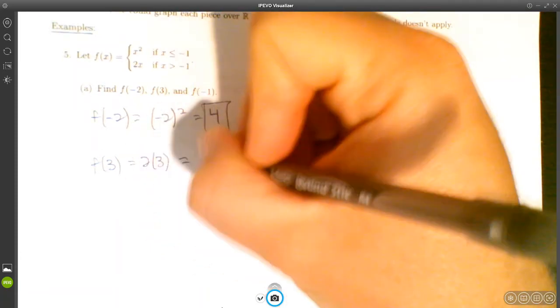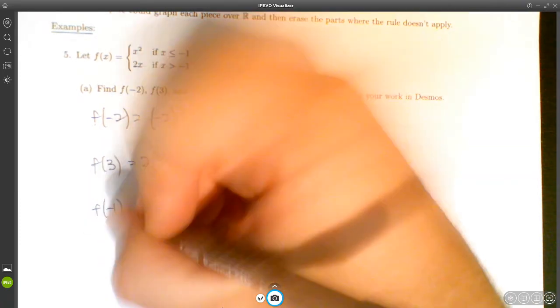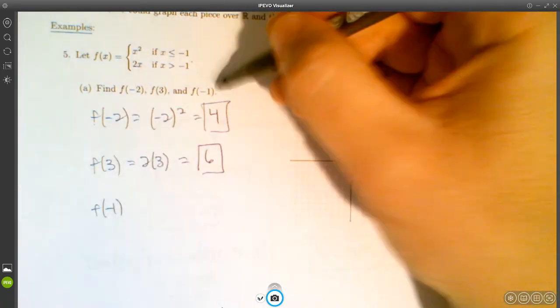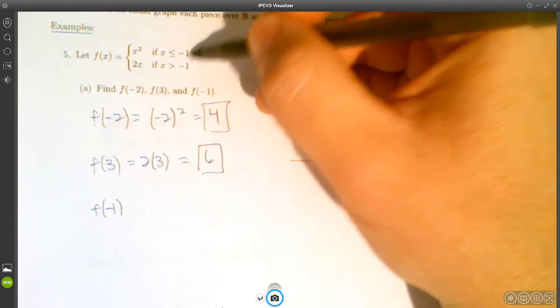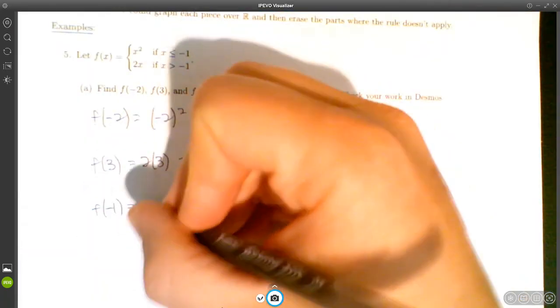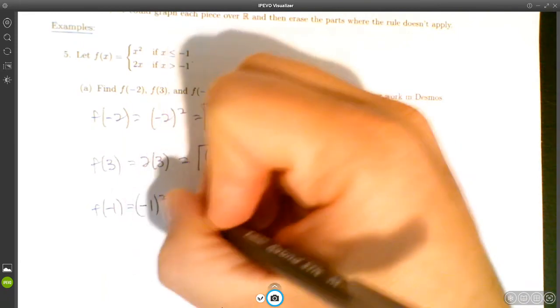Right, so f of 3 is going to be 2 times 3, which is 6. f of -1, well, -1, of course, equals -1. So we're going to use the top rule, right? So this is going to be -1 squared, which is +1.